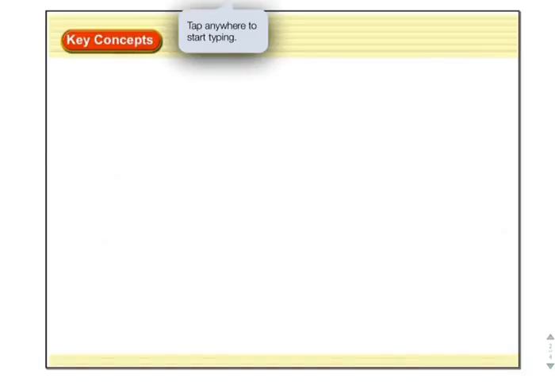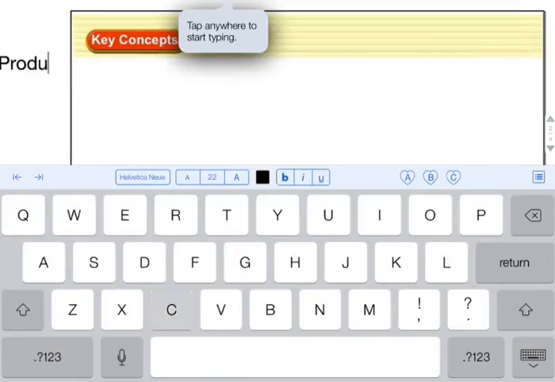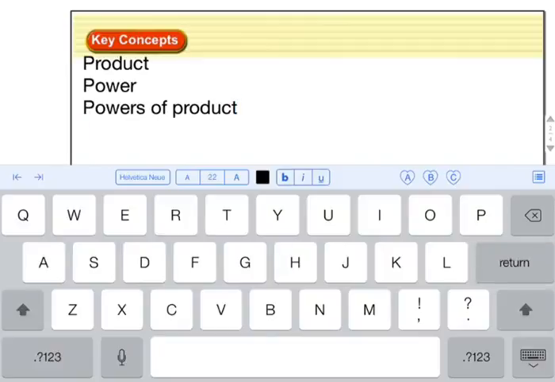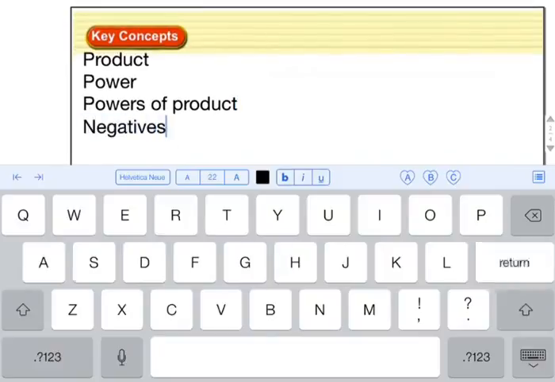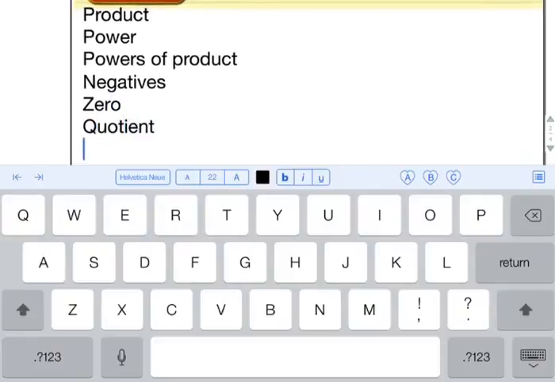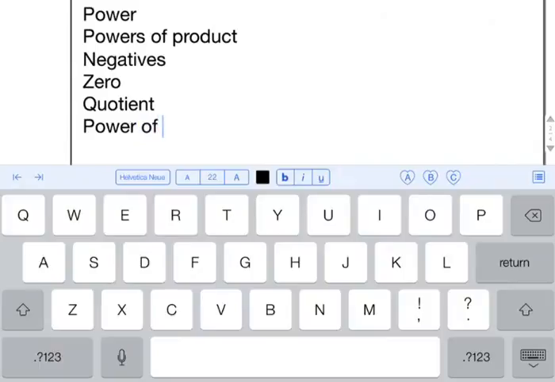So we're going to go over some of those rules that we haven't seen in a long time. And those are the product rule, the power rule, powers of product, which is a little different, negatives, 0, quotient, and power of quotient.